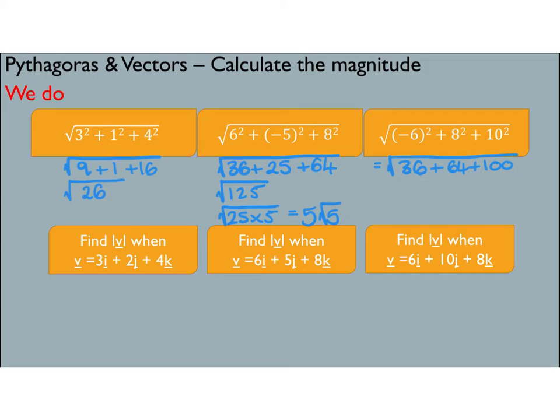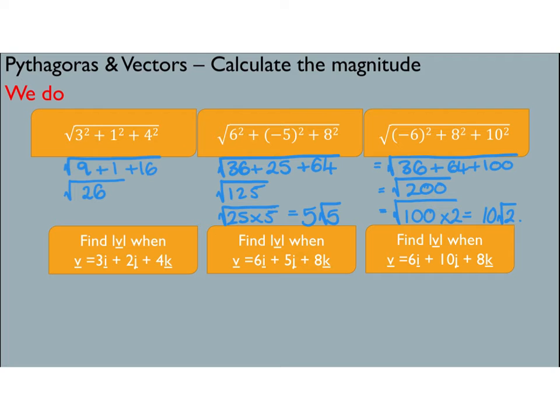I've made a start in this next one. The largest square number that goes into 200 is 100. The square root of 100 is 10, and the square root of 2, I don't know.